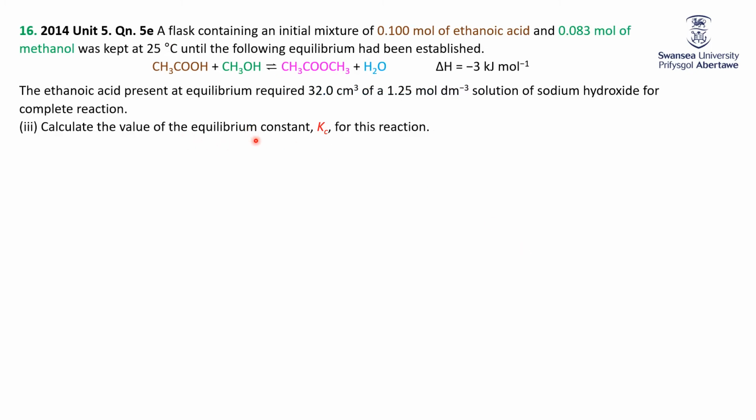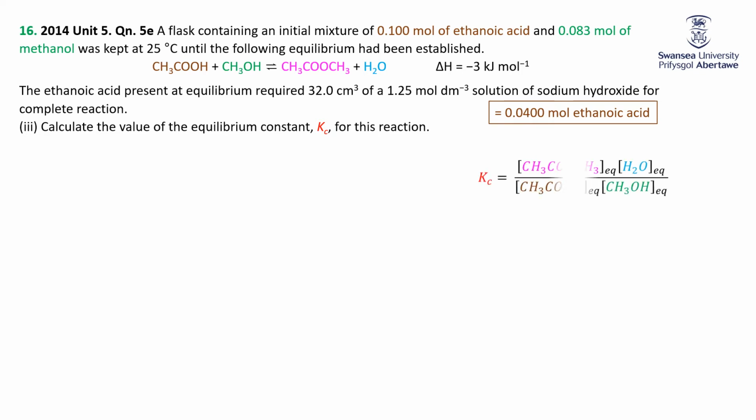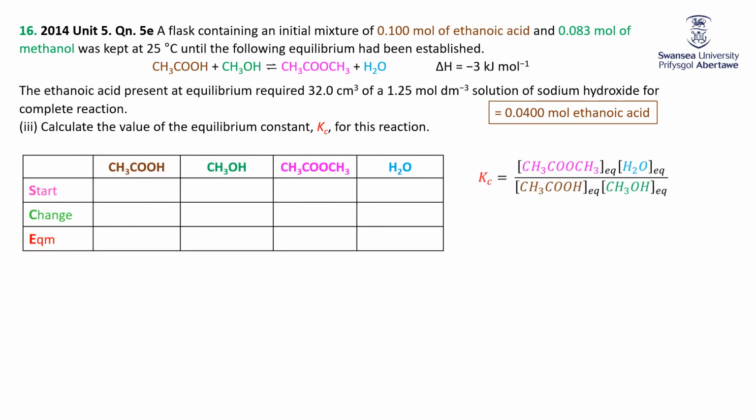So calculate the value of the equilibrium constant, Kc, for this reaction. We know we start with 0.1 moles of ethanoic acid, 0.083 moles of methanol, and we also know, because we just calculated it, that at equilibrium we had 0.04 moles of ethanoic acid. So set up a SCA chart.